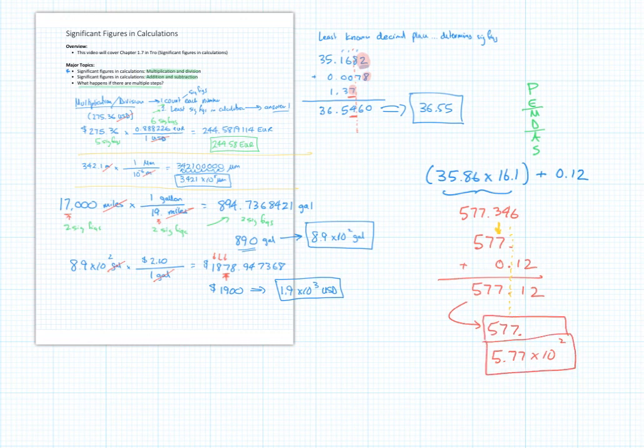Okay, so we have just gone through the rules of multiplication division. Whatever has the least number of sig figs, your answer has to have that same number of sig figs. Addition, subtraction, the rule is you look for the factor that has the least decimals, and wherever that decimal place is, that's what your final answer is going to be. In this case, it was the ones place. In this case, it was the hundredths place.